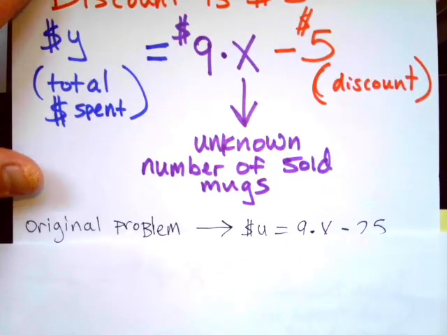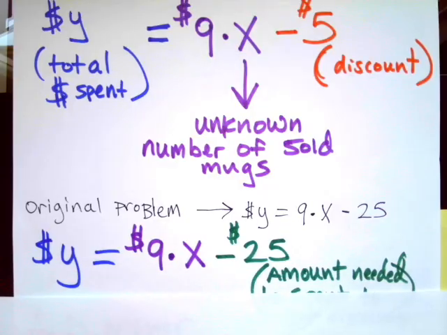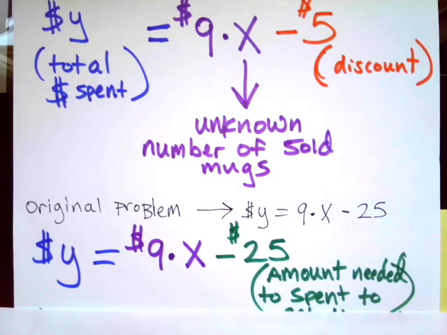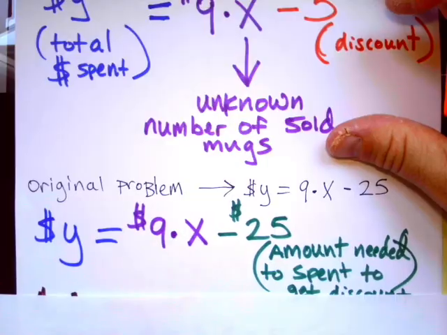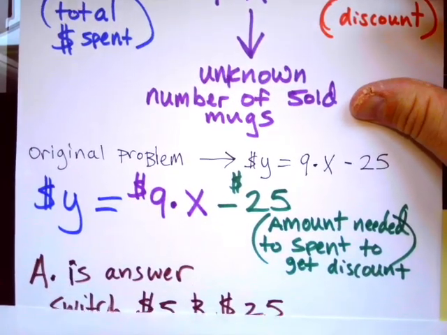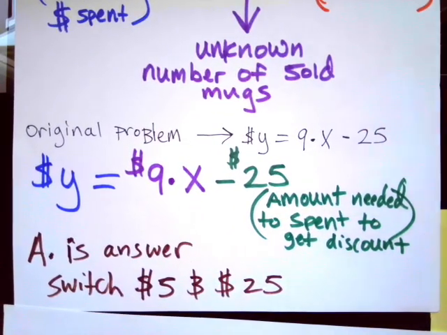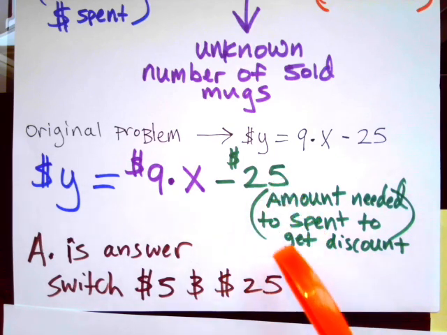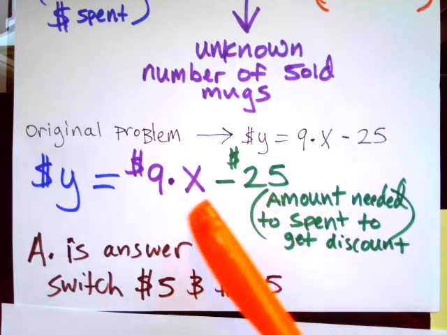Let's just continue to evaluate. In the original problem, y equals 9 times x minus 25. You can see here that the negative 25 is the amount needed to spend to get the discount. But if you were to switch that 25 with the 5, that would give you a correct formula.